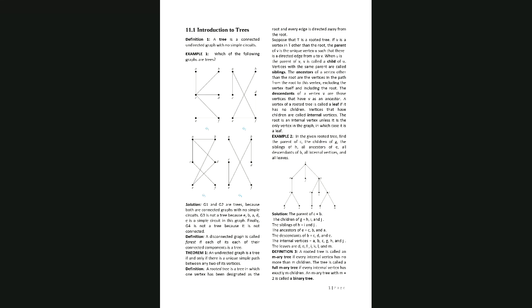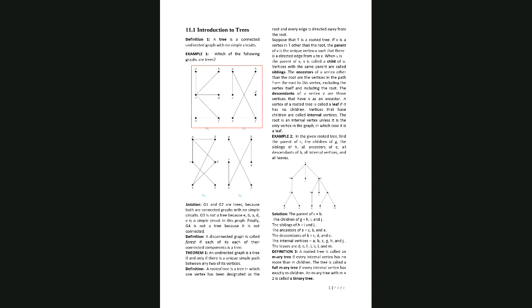Now we will see this definition. A graph is a forest if each of its components is a tree. Let's suppose we consider this graph. The first part is a tree, and this is also a tree.